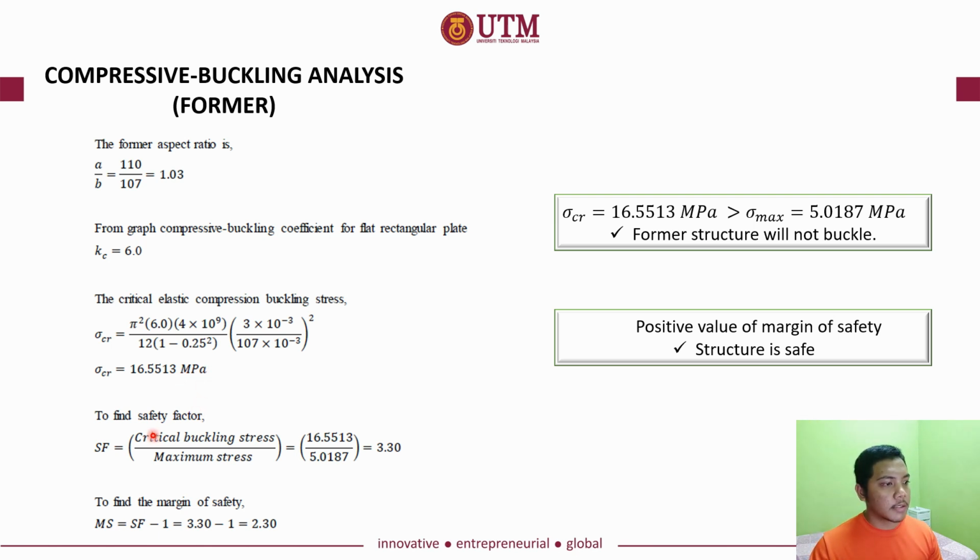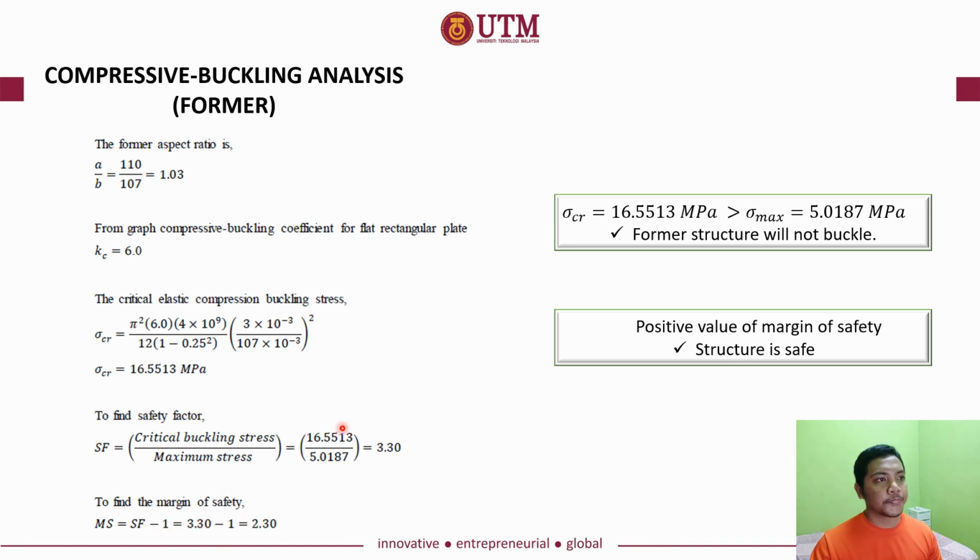And to find the safety factor, we use this formula, which is the critical buckling stress that we get from this divided by the maximum stress that we calculated in the result from ANSYS. And to find the safety margin, the safety factor needs to be minus 1 to get the value.